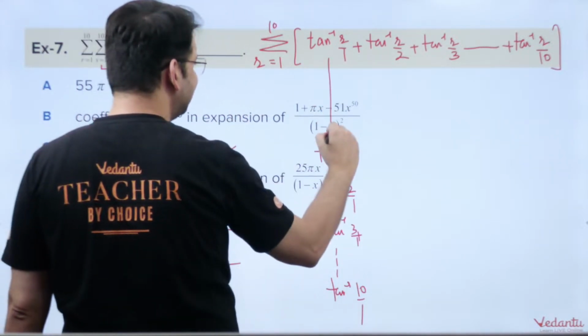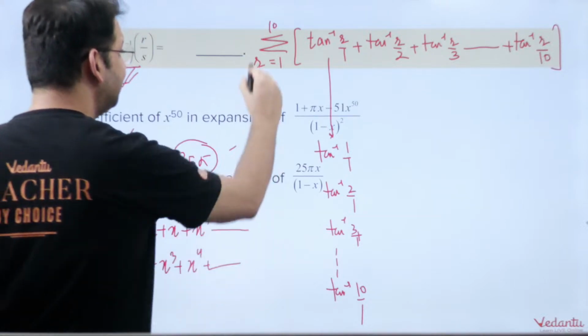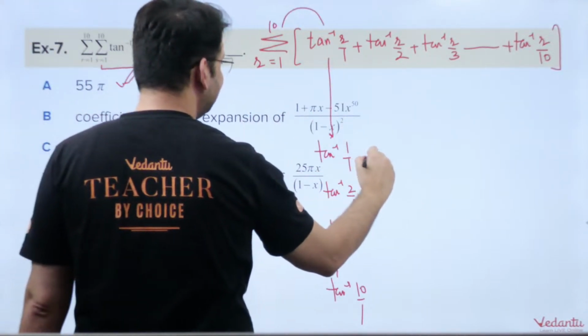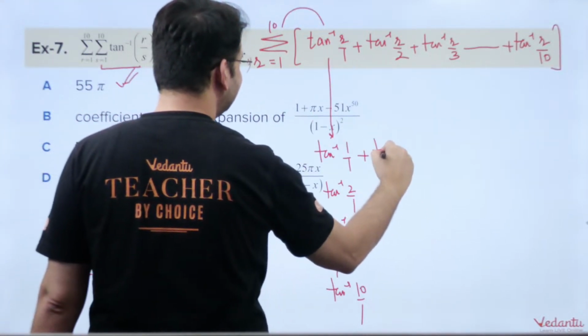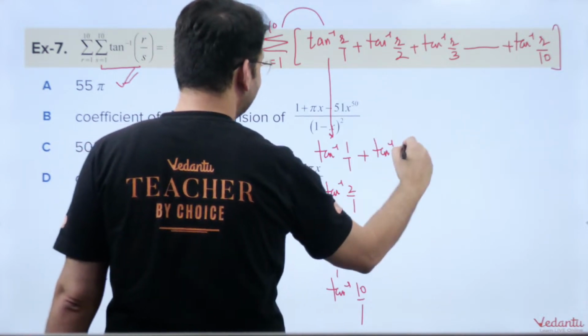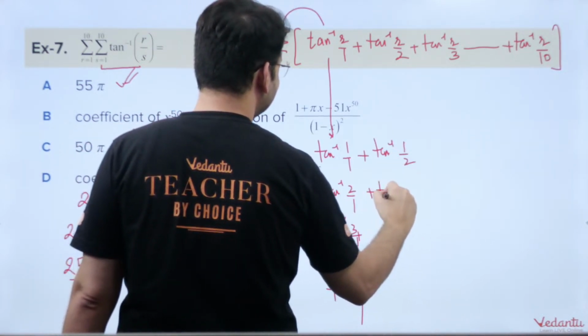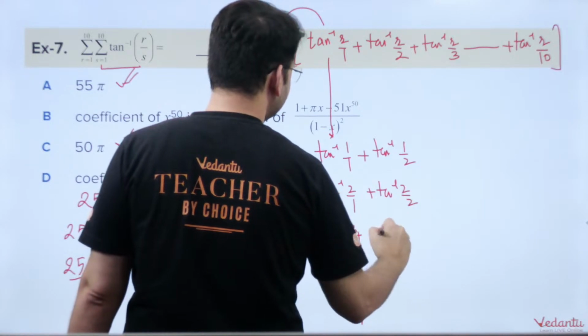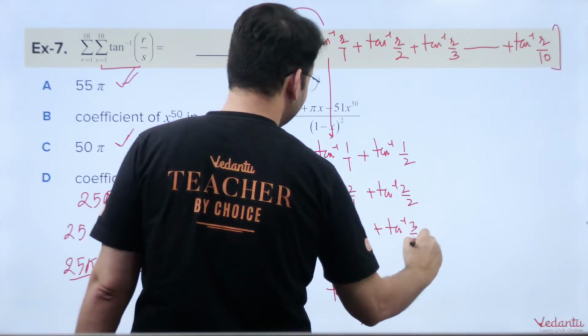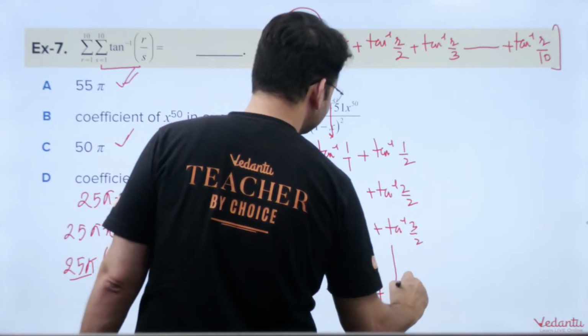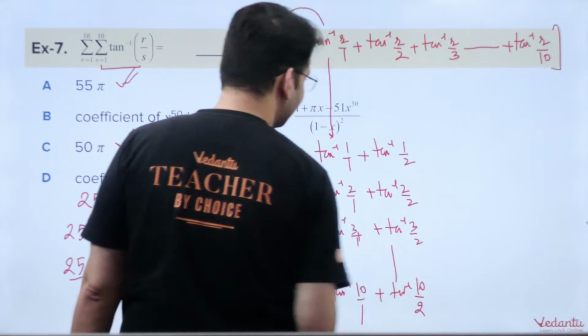So this has been split into 10 further terms. Similarly, second: tan inverse 1 by 2 plus tan inverse 2 by 2 plus tan inverse 3 by 2 and so on up to tan inverse 10 by 2.